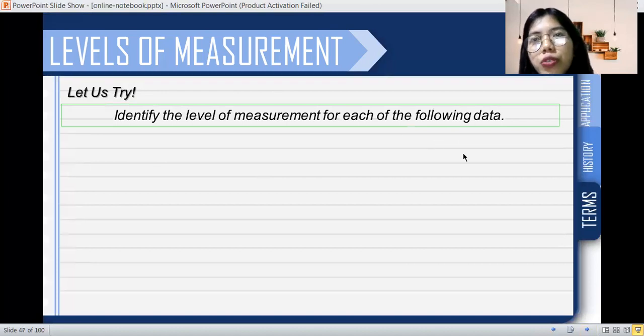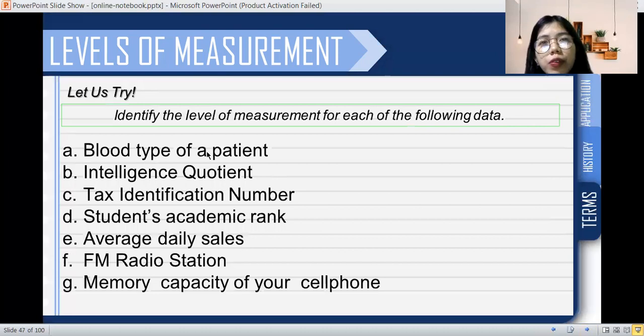Identify the level of measurement for each of the following data. We have the blood type of the patient, intelligence quotient, tax identification number, student's academic rank, average daily sales, FM radio station, memory capacity of your phone. Again, you can pause this video to answer this part.